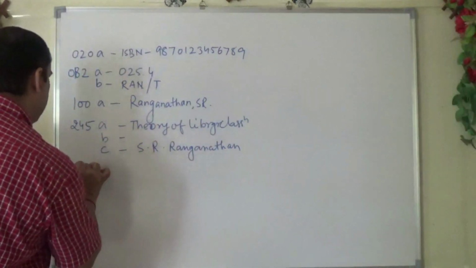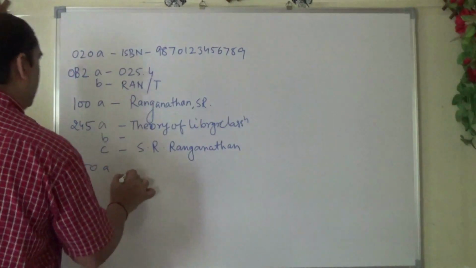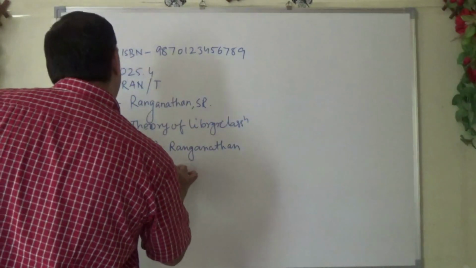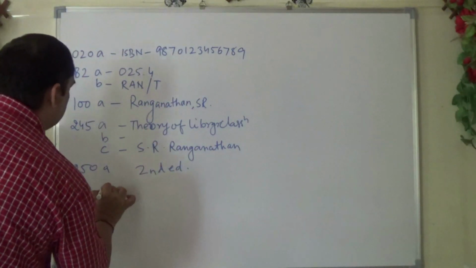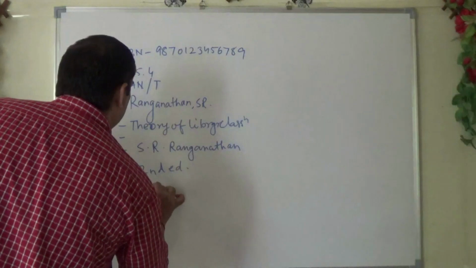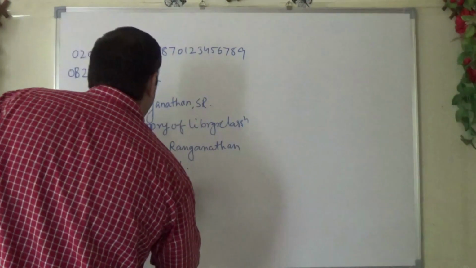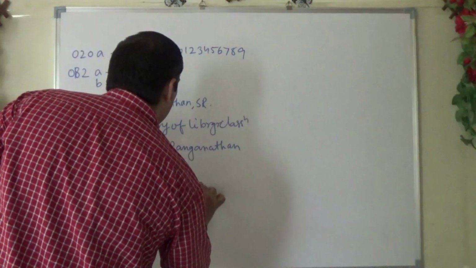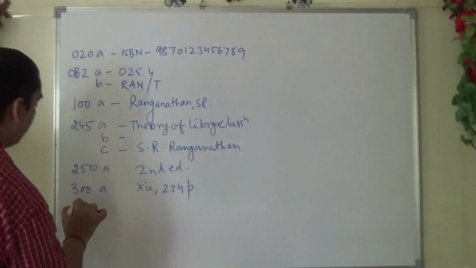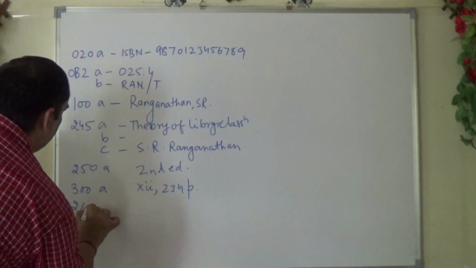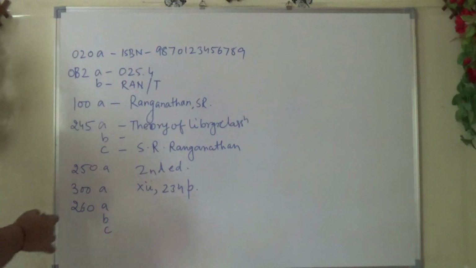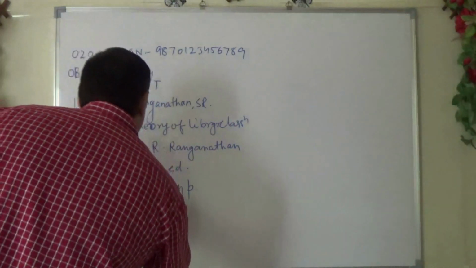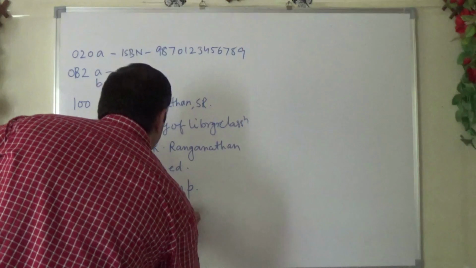Then we have edition 250A, so like second edition. Then 300 physical description, where we have some preliminary pages and then some number of pages. And I forgot to write here the name of publisher and year of publication. So 260A, for example, New Delhi.